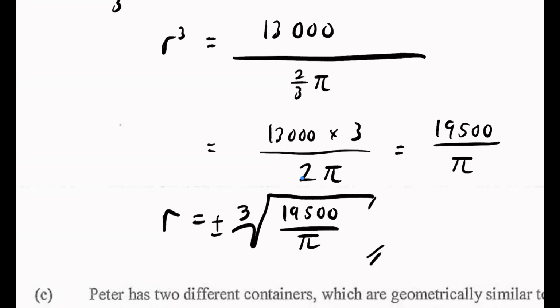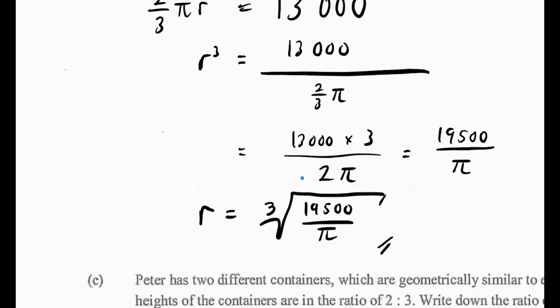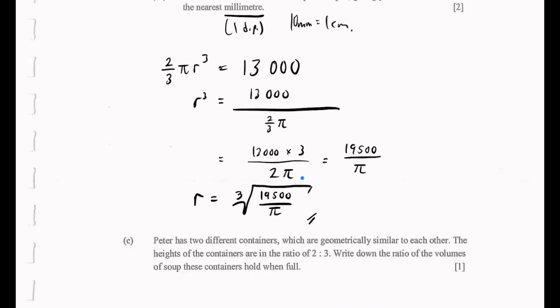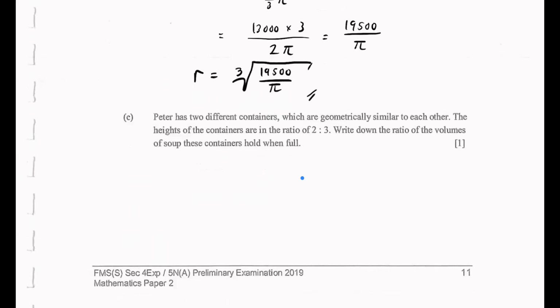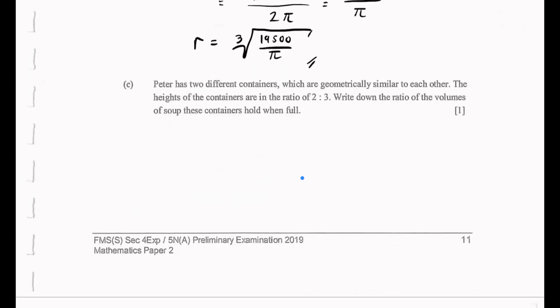No. That's for square root. Some students confuse the square root and cube root. Square root needs plus minus, but cube root you only have one unique solution, so just positive. That's 1 cm. Later you can round off to 3SF on your own. I'm sure you know how to do that.